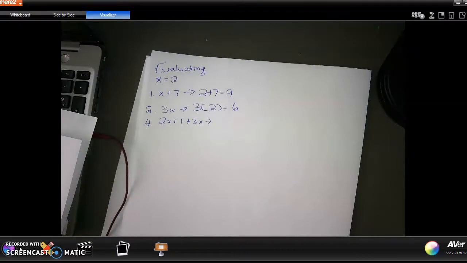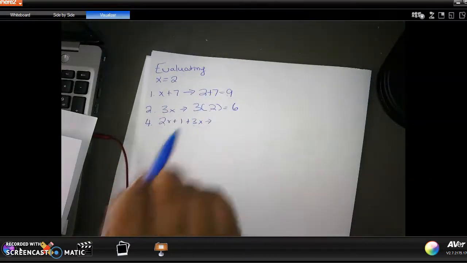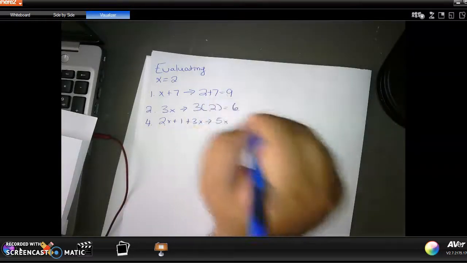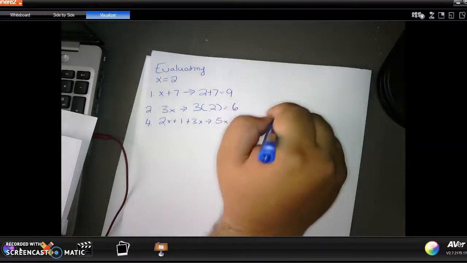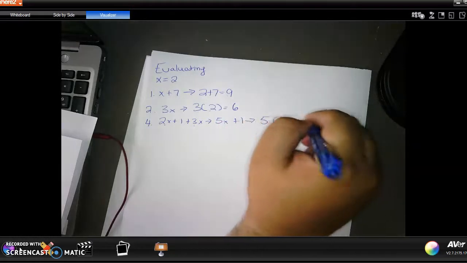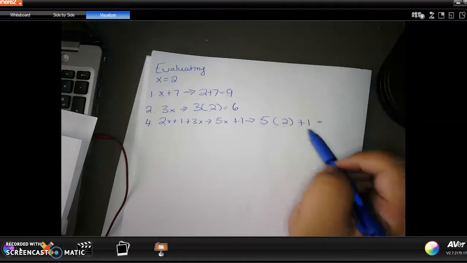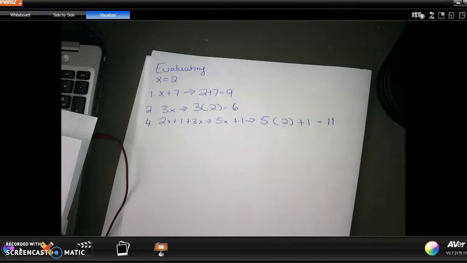Alright, so this one's a little bit different because if you notice, 2x and 3x, they're like terms. So we have to combine them. So I have 5x because 2 plus 3 is 5, plus 1. Then now I can take 5, put the 2 in, add 1. So 5 times 2 is 10, plus 1 makes it 11. So that's what I'm saying when I'm telling you to evaluate.